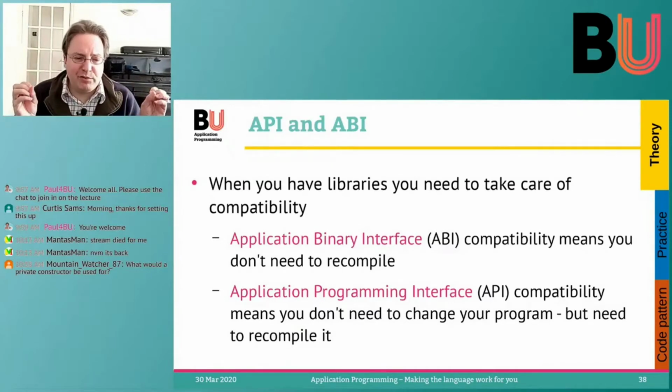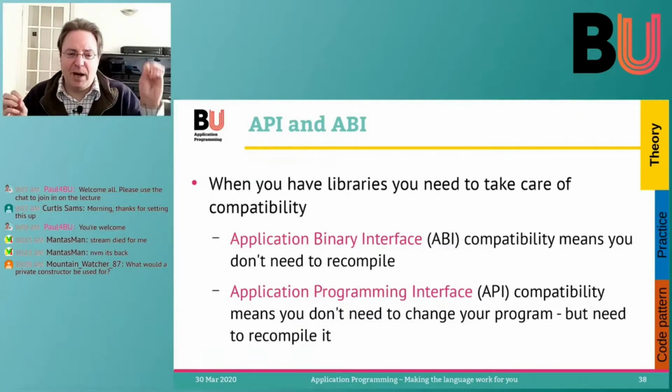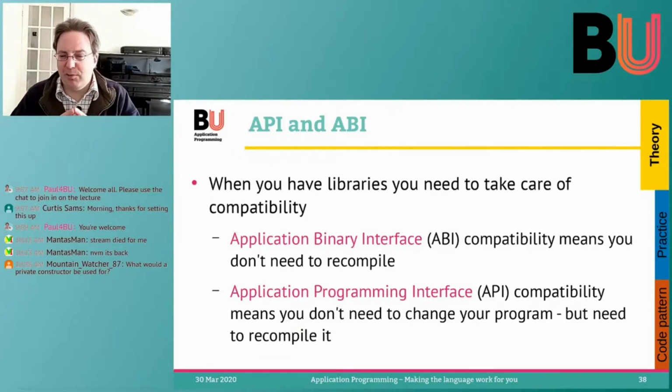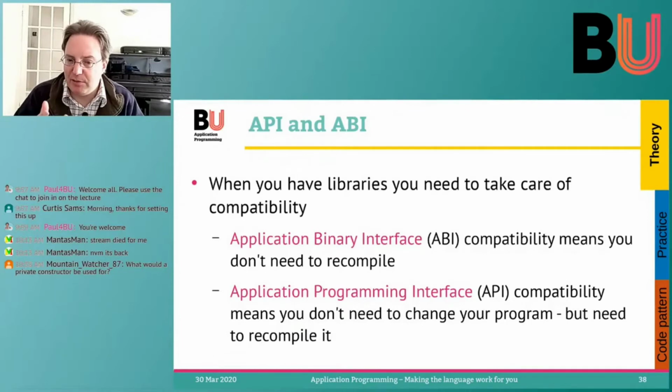There are two forms of compatibility there. There's binary interface compatibility, which means that it's compatible even if you do not recompile your code. And there is programming interface compatibility, that is source code compatibility. That means that you do not need to change your program but need to recompile it.